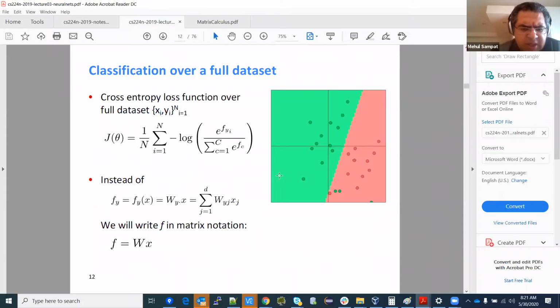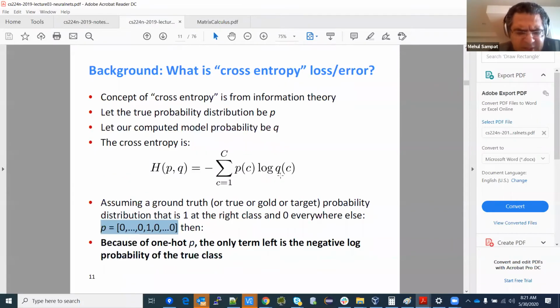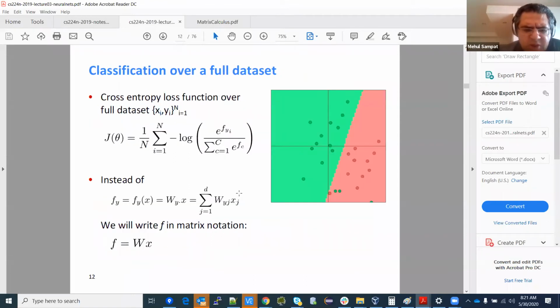So that's for one training sample. You measure the cross entropy for one training sample, but then you want to compute it across your full training data set.